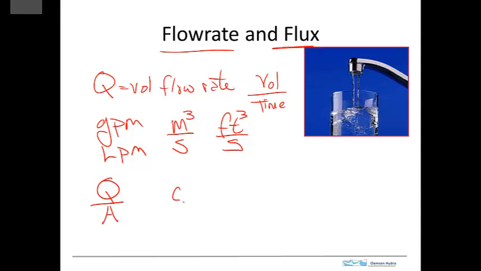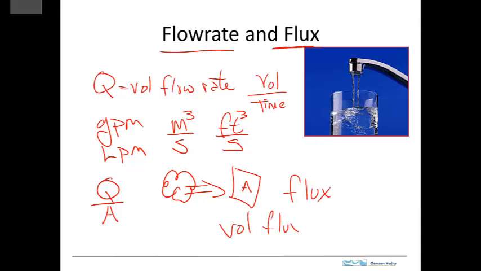So if we've got some volume moving along, it goes through a unit area. And the rate at which it's going through a unit area is the flux. So a volumetric flux is a volume that goes through an area per time.